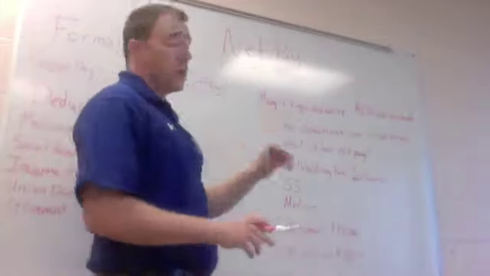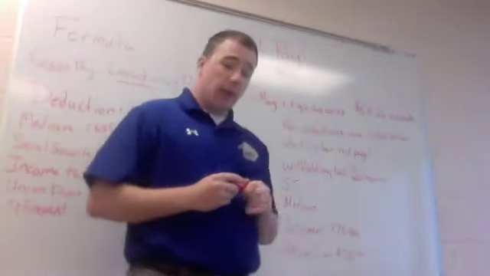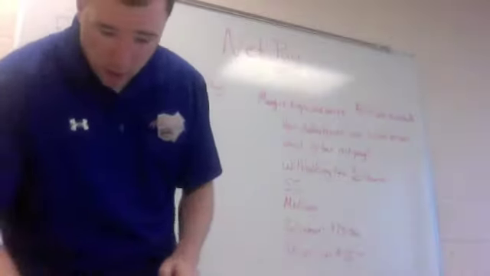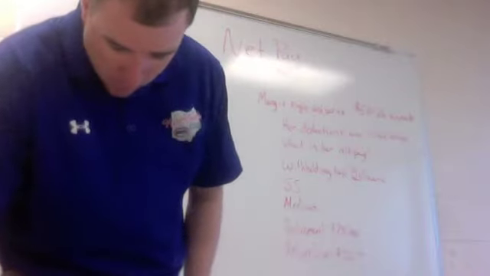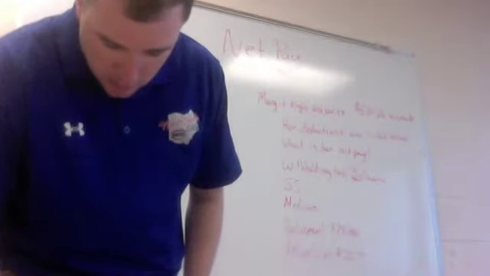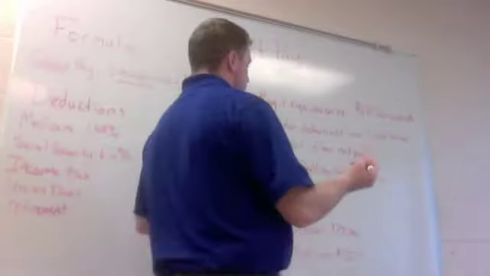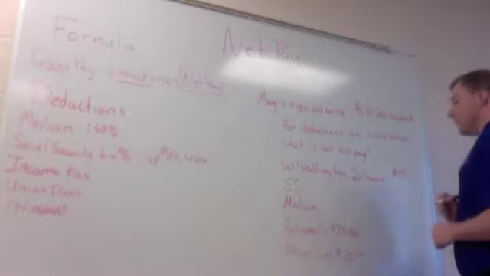If she's single, which she is, we look under the single tax bracket. So she's single, she has 3 allowances, and she makes $510.26 a week. We find single, go down to $510, and follow over until we see 3 allowances. She gets $45 taken out. So for withholding tax, we know she's going to have $45 taken out.